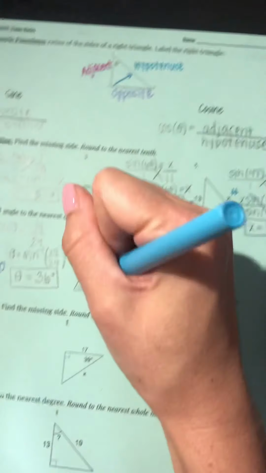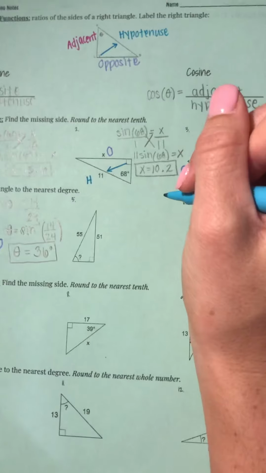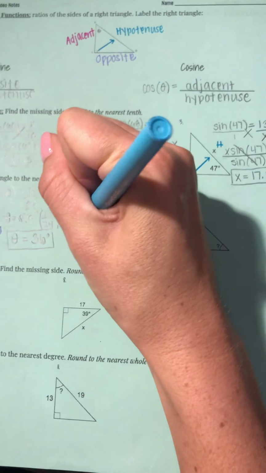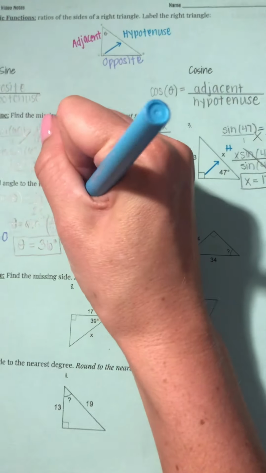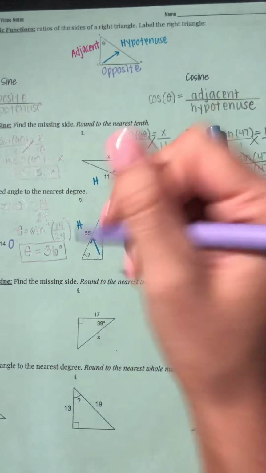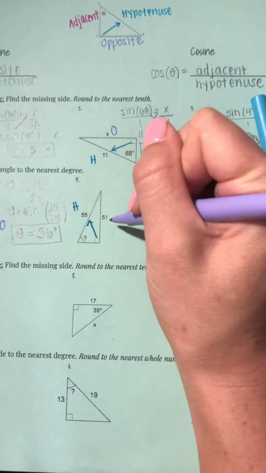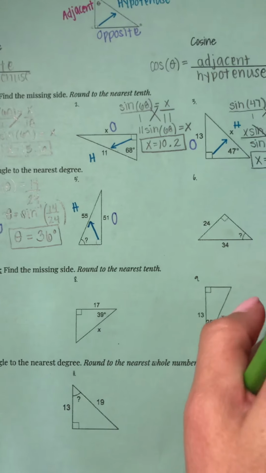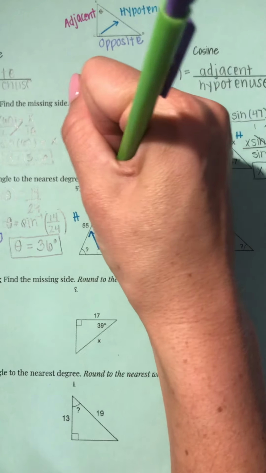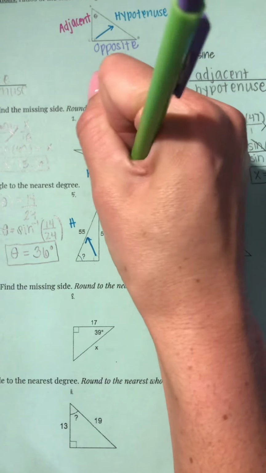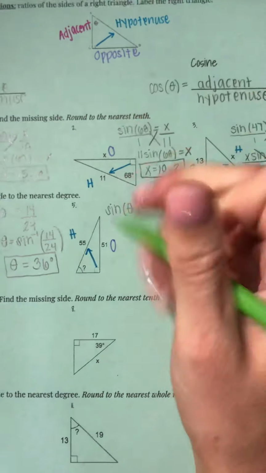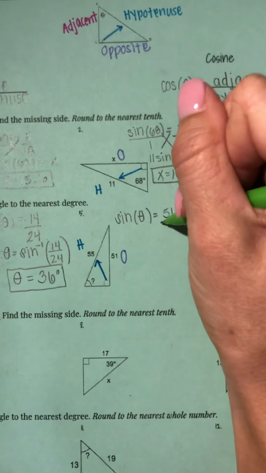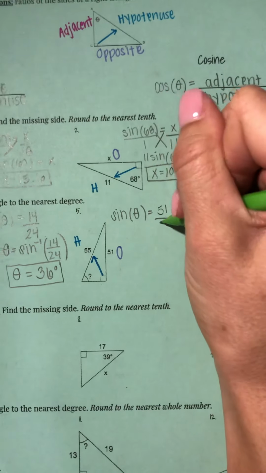And so same thing with the next one. This is your hypotenuse. And the side away from where theta should be, that's your opposite. So sine of theta equals opposite, which is 51, over hypotenuse, which is 55.